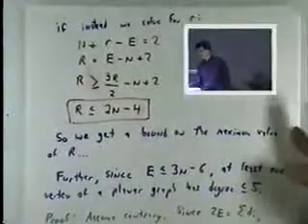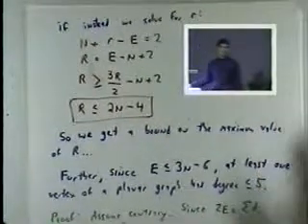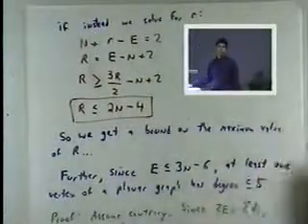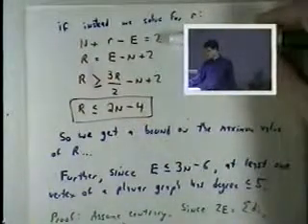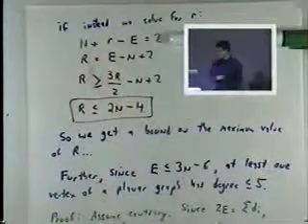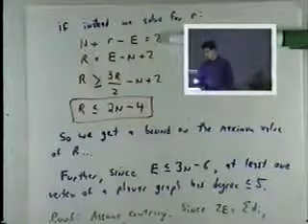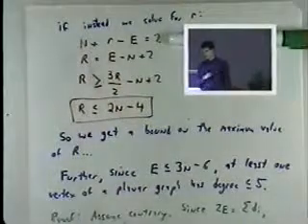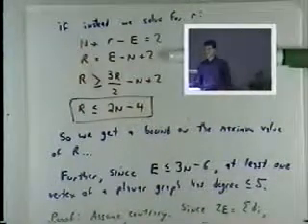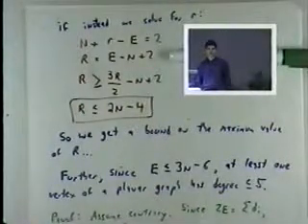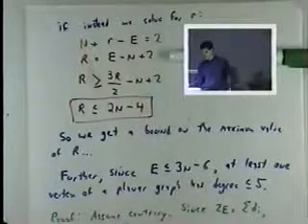Here I'm just going to explain and walk through the algebra rather than redoing it, because it's the same idea. As before, there are 2 equations. N plus R minus E equals 2. So, solving for R, R equals E minus N plus 2.